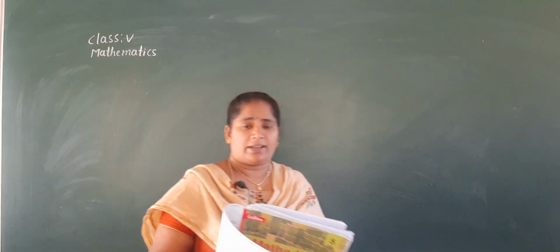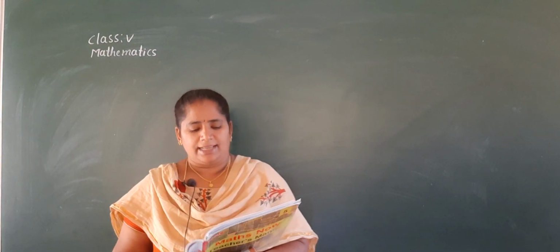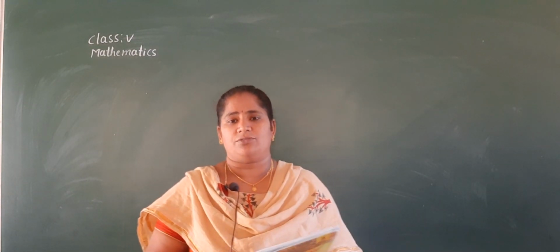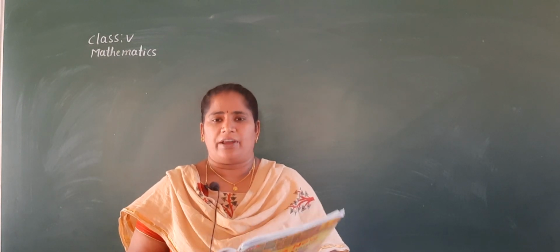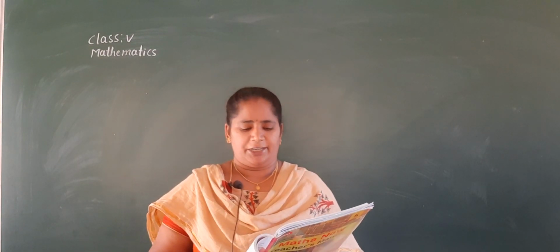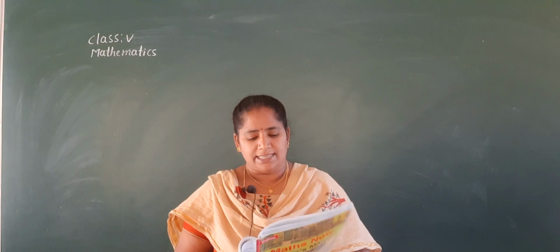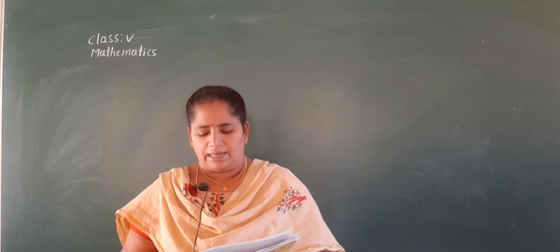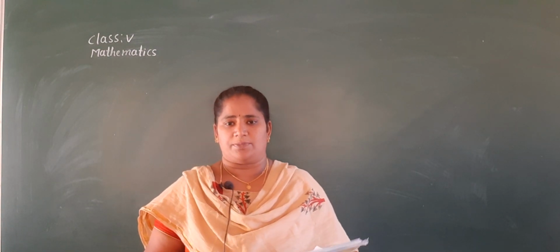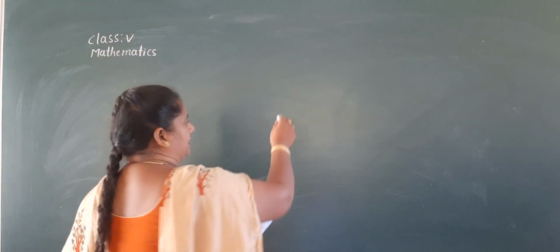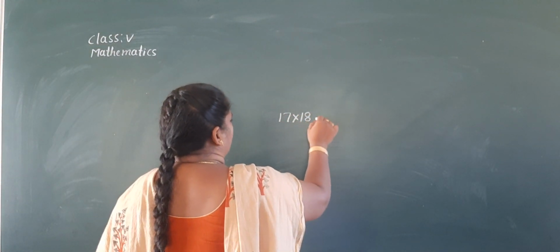Okay, and next, the number of chairs in the rest of the classrooms. You do the subtraction from 32. We get 32 minus 15 is 17. Now the number of chairs in 17 classrooms means you should multiply 17 by 18.